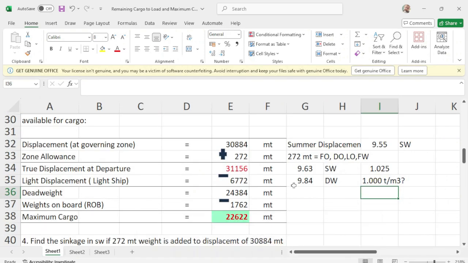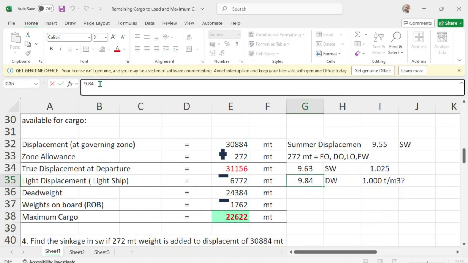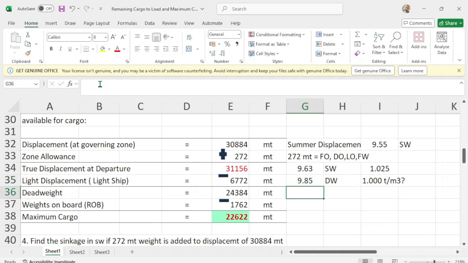Okay, 9.85 when she floats in water of density 1.00. That will be her departure drop, 9.85.